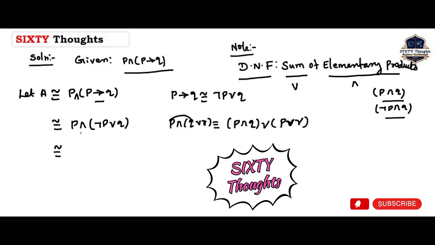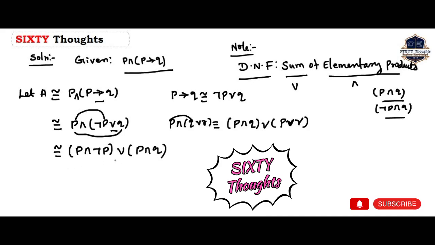Coming to our expression, using the distributive law, we write (P and negation P) or (P and Q).